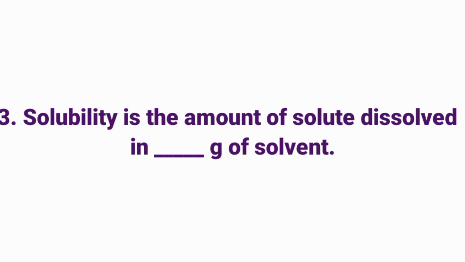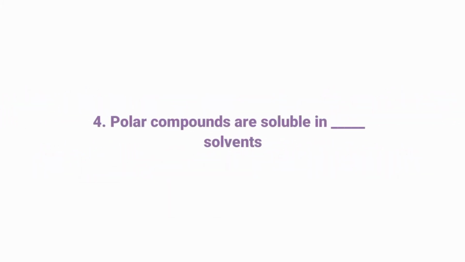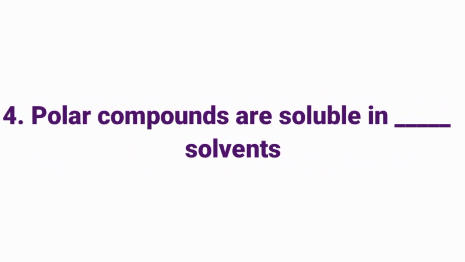Solubility is the amount of solute dissolved in dash gram of solvent. Answer: 100 grams. Polar compounds are soluble in dash solvents.